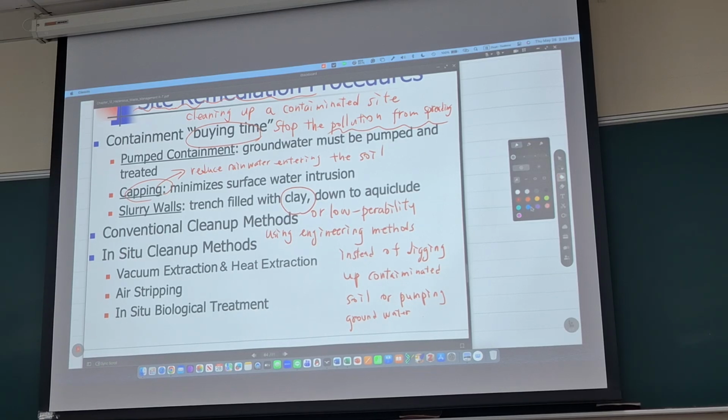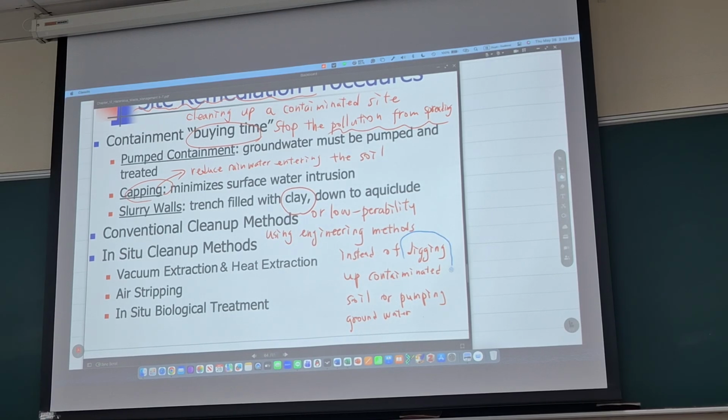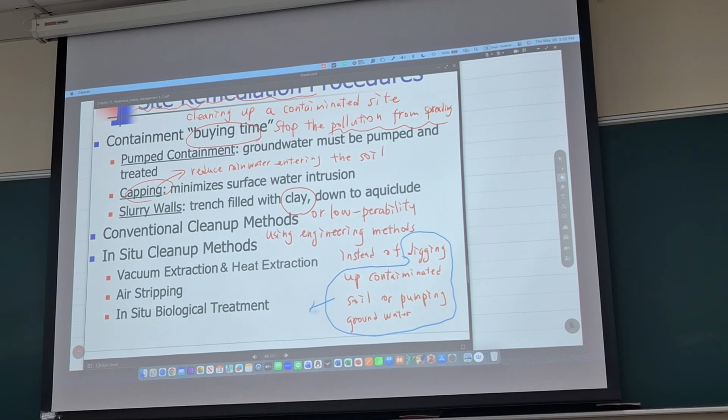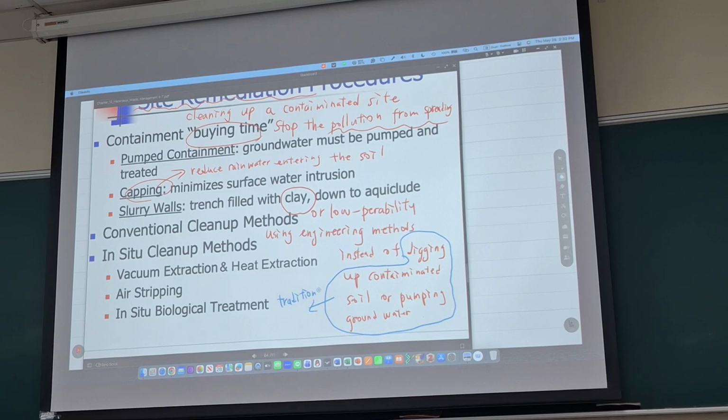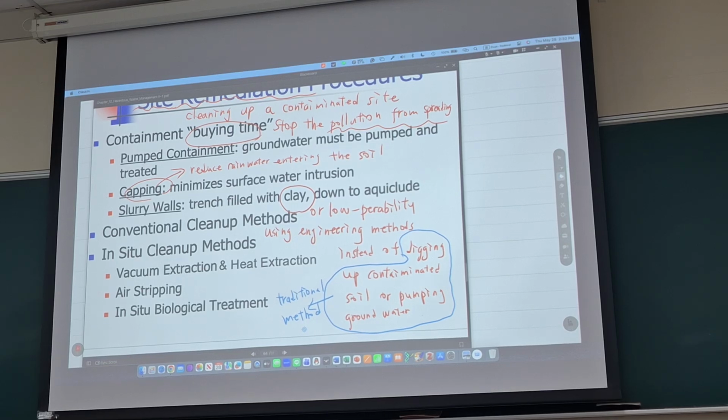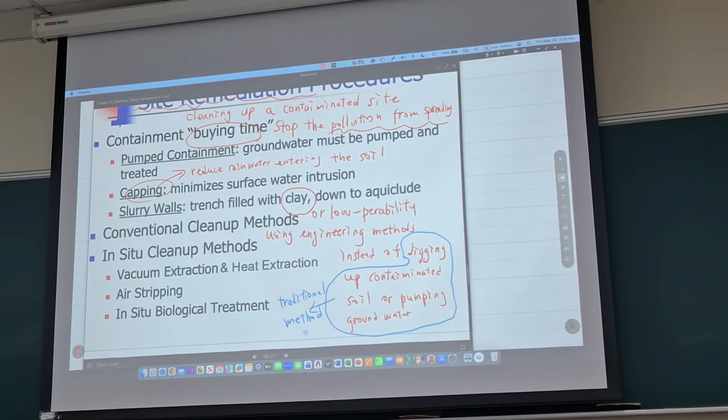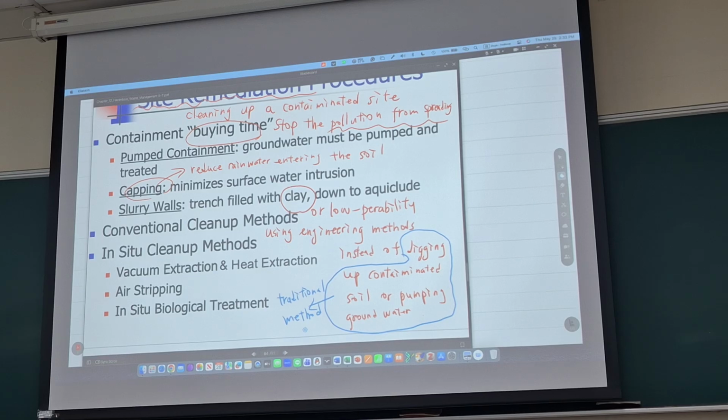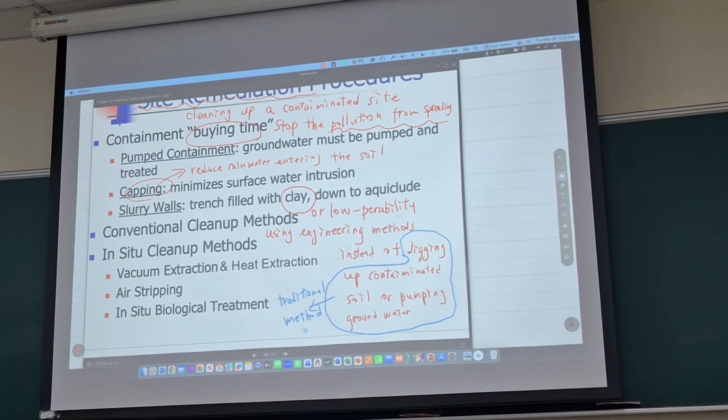So the digging up of the contaminated soil or pumping up of the polluted groundwater, we call this traditional method.